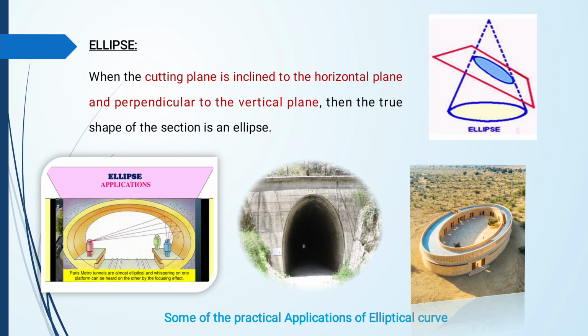You consider the cutting plane parallel to that line and also inclined to the axis. Cut like this and remove the remaining portion, and definitely you get a parabolic curve.